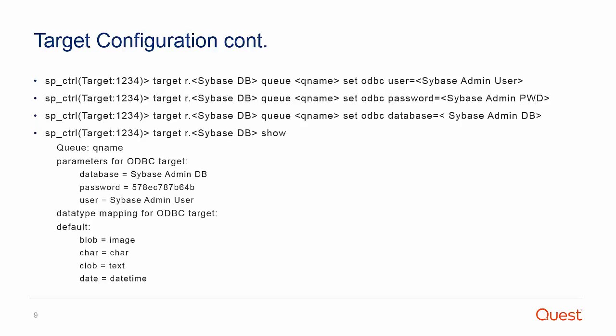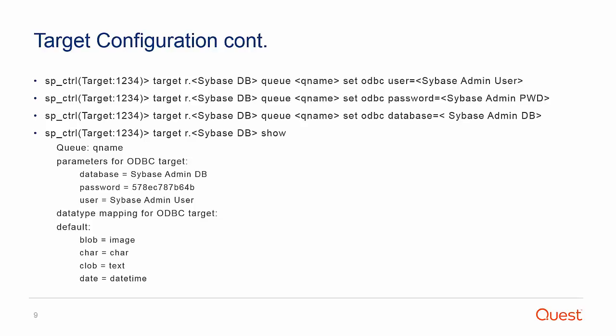Now let's see how to set up the target configuration. Start the spcop and go to the spcontrol prompt. Set up the Sybase database admin user, its password, and the database name as in this example. These details will help SharePlex identify the admin user and the database to connect and create the repository tables.